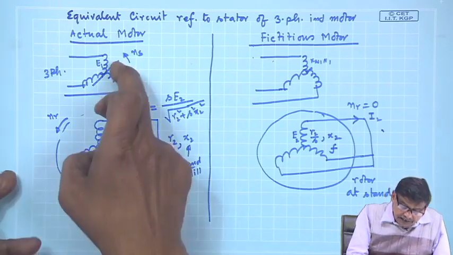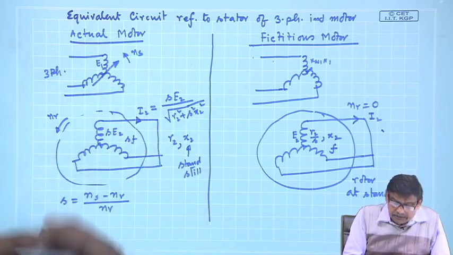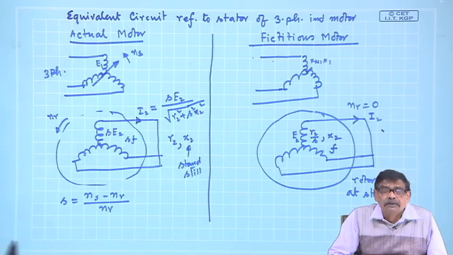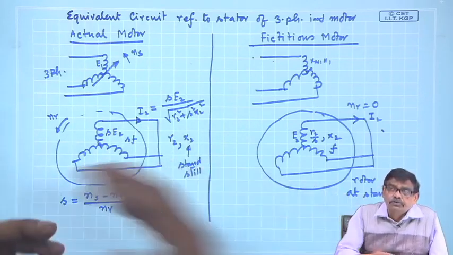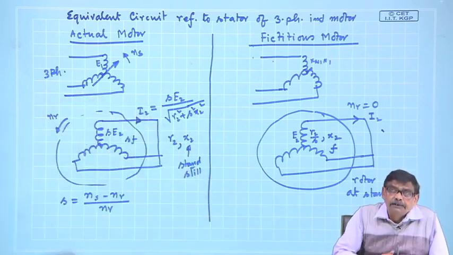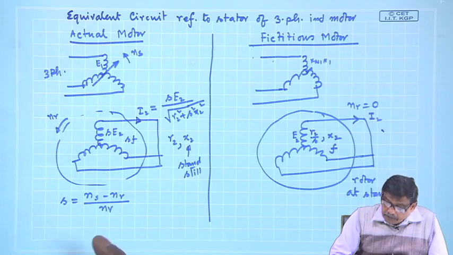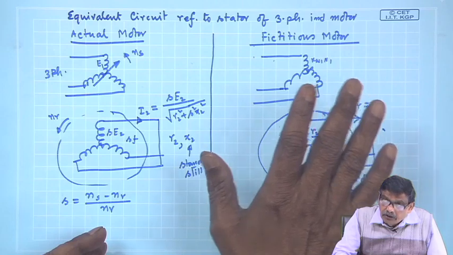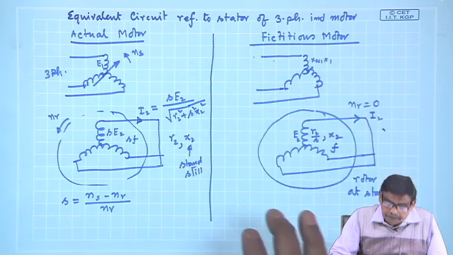That was the problem here. The obvious problem is that there is a primary winding and a secondary winding, but I cannot just connect these two by multiplying with a square, etc., because the frequencies are different. Now, imagine this fictitious motor. It is non-existent, it is not there.